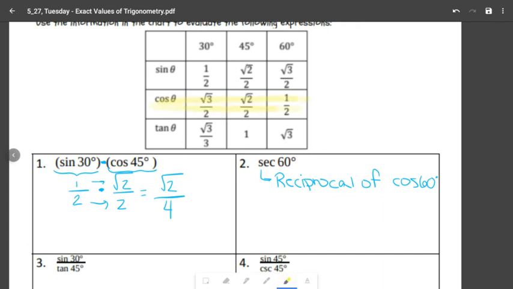So cosine and 60, they meet at the 1/2. So cosine of 60 is 1/2, which means secant of 60, reciprocal means flip it, is 2 over 1, which is 2.